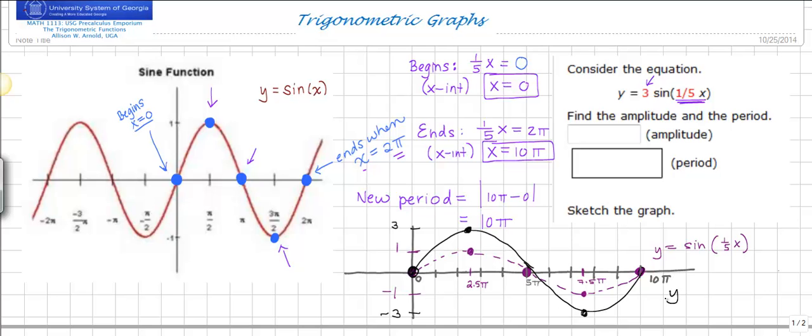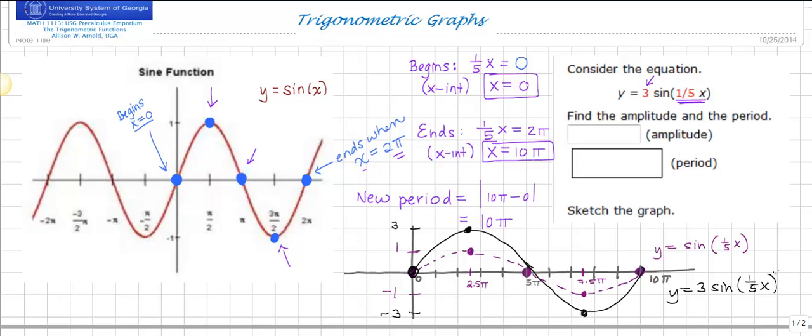So y equals 3 sine of 1/5 x should have a high of 3 and a low of negative 3. Remember we discussed amplitude was half the total height of the graph.